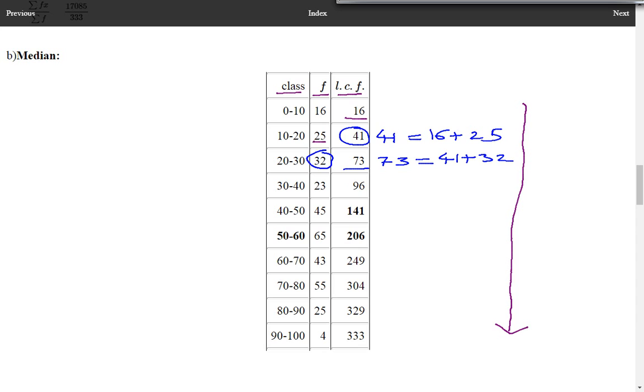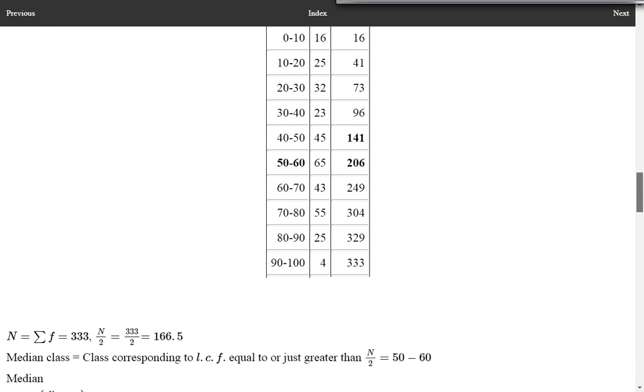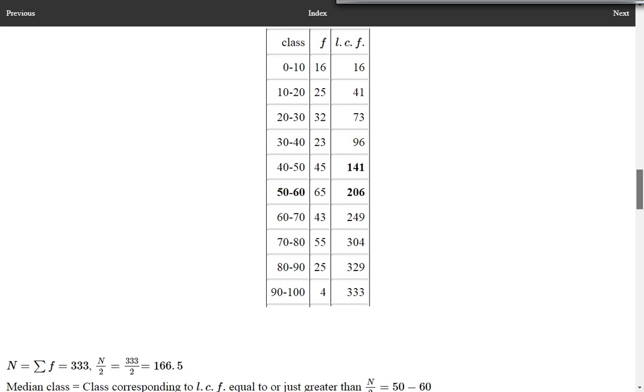So for example, the last entry: 329 plus 4 equals 333. So 333 equals 329 plus 4. Okay, this is the first step: make a table with columns for classes, frequencies and less than cumulative frequencies.